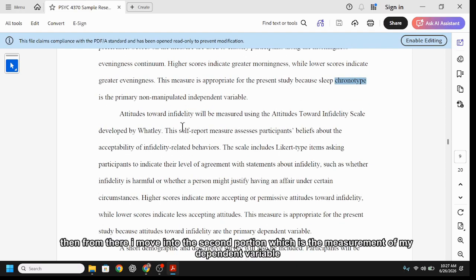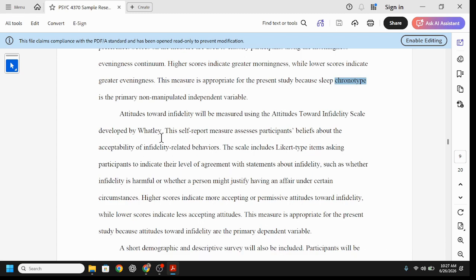Then from there, I move into the second portion, which is the measurement of my dependent variable. I want to use the Attitudes Towards Infidelity scale by Whatley, and it's a self-report measure. It looks at participants' beliefs about the acceptability of infidelity-related behaviors using a Likert scale. And it asks the participants to indicate their level of agreement.